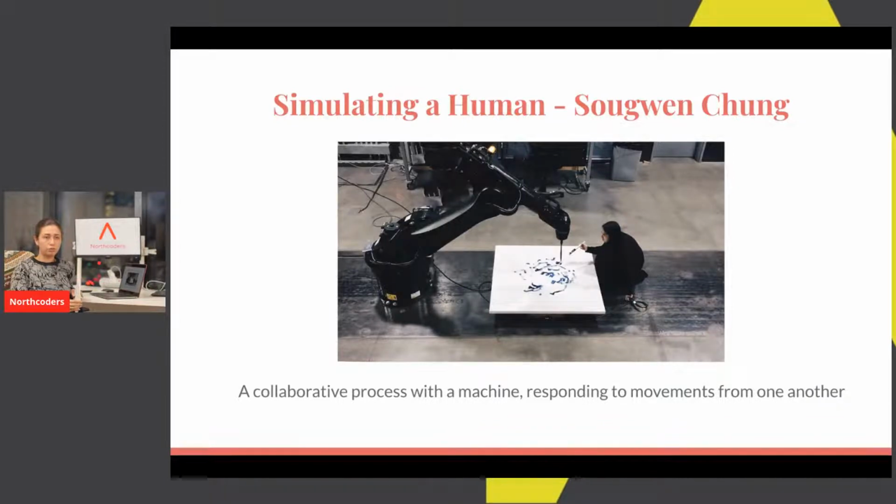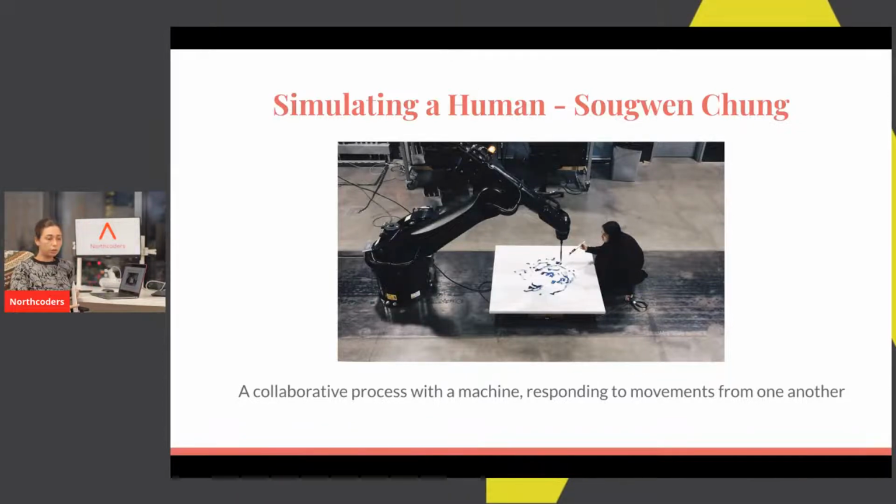And to me, this image really quite spoke to me because I grew up on all these films that speak about giant robots which are going to completely dwarf us in a post-apocalyptic universe. And here is Sougwen Chung having a painting session with this machinery quite a few times her own size.